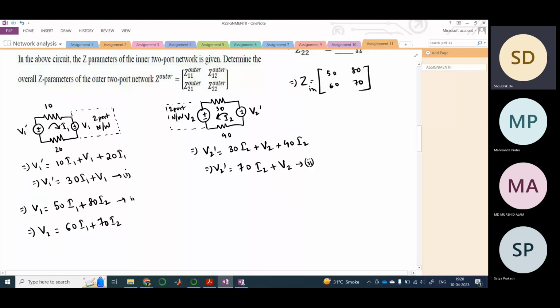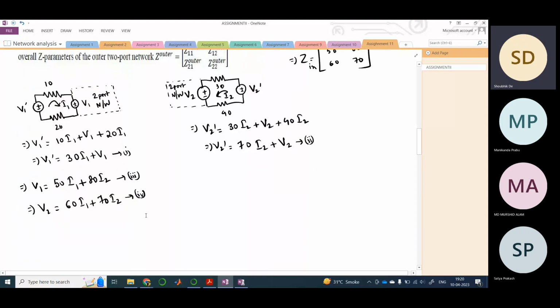Now again, let us call it 3 and 4. And now what we will do, we will substitute V1 from equation 1 in 3.